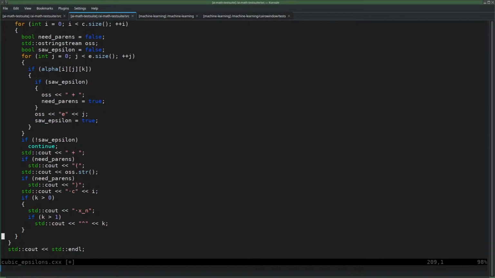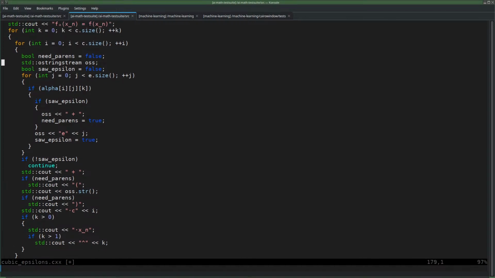That should be it. Run over K, run over I, run over J. And if any of those is set, we print a plus to the output function.